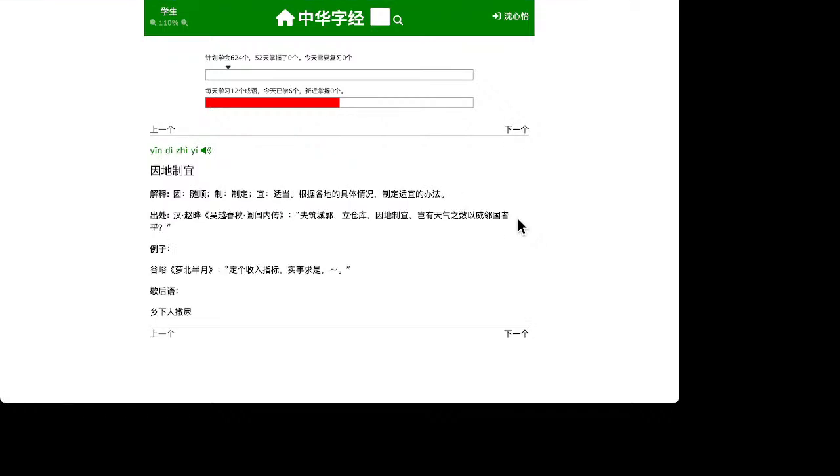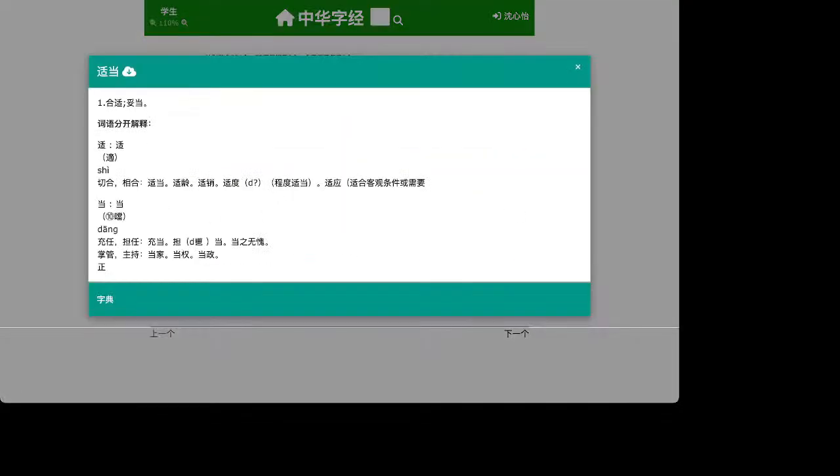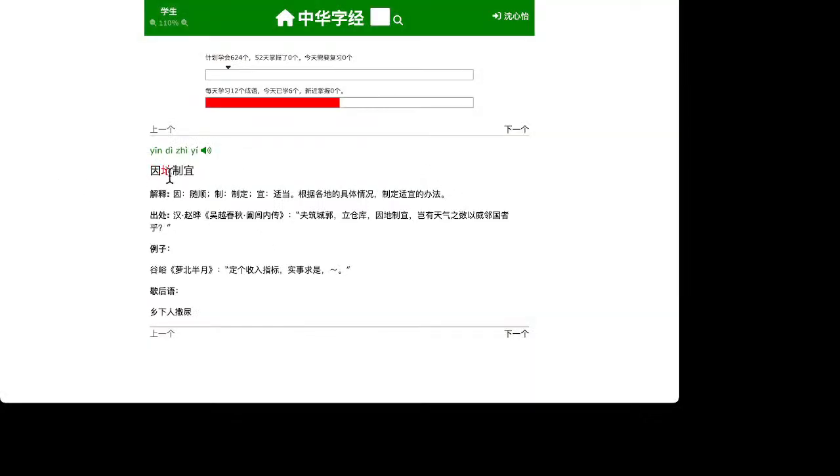因地制宜. 因地制宜. What? You're enacting an appropriate plan based on the circumstances of the lay of the land and such.